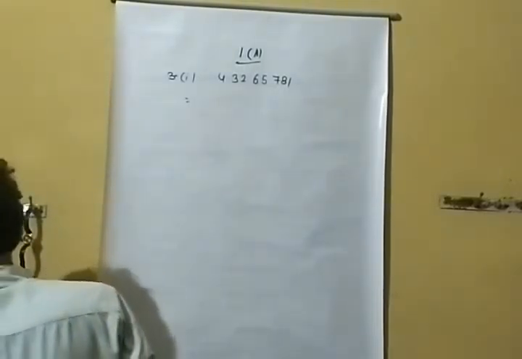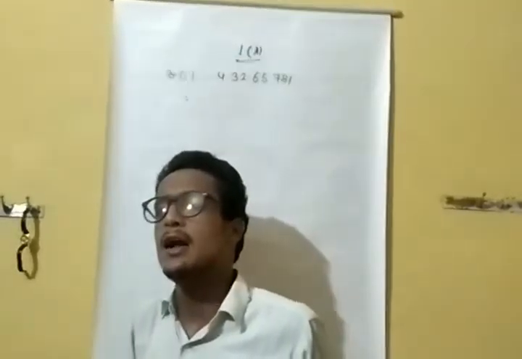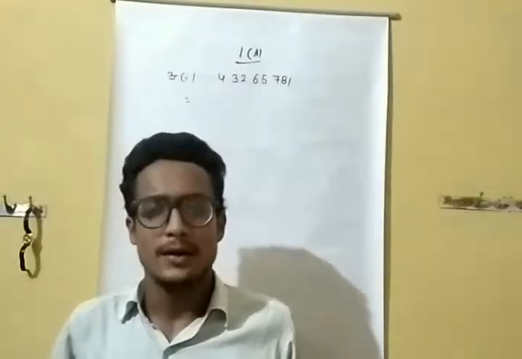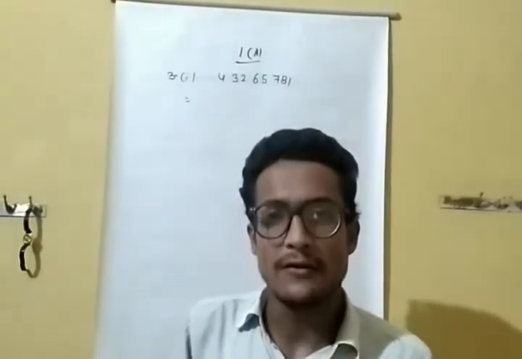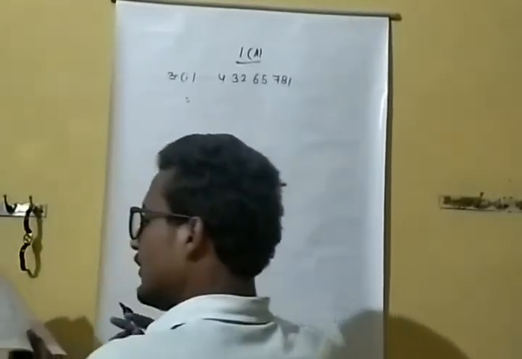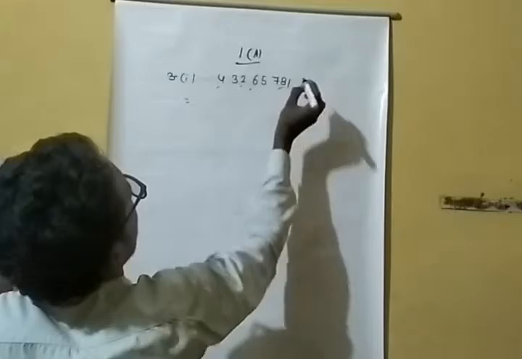Now we will write the even digits. As you know, even numbers are those which can be divided by 2 perfectly. So the even numbers in this part are 4, 2, 6, 8.